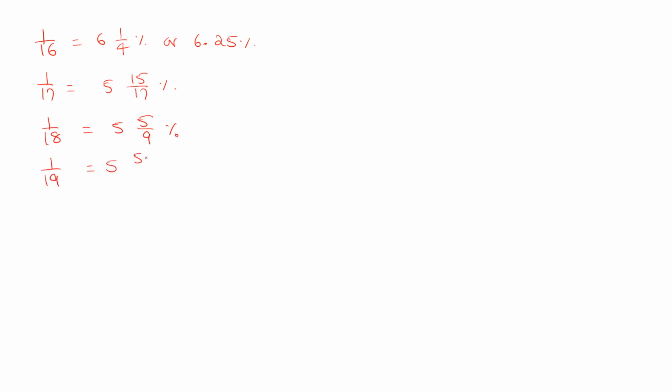If you take 1 by 16, that is 6 1 by 4% or 6.25%. 1 by 17 is 5 15 by 17%. 1 upon 18 is 5 5 by 9%. 1 upon 19 is 5 5 upon 19%. 1 upon 20 is going to be 5%, and 1 upon 25 is nothing but 4%.